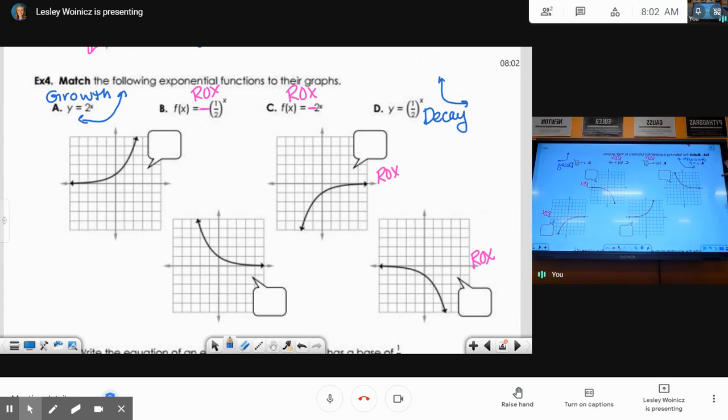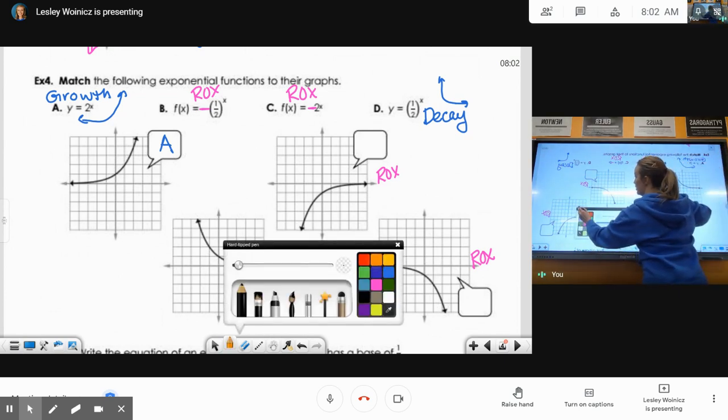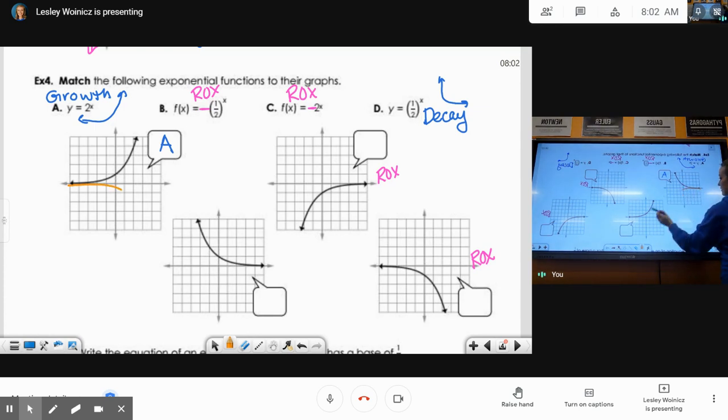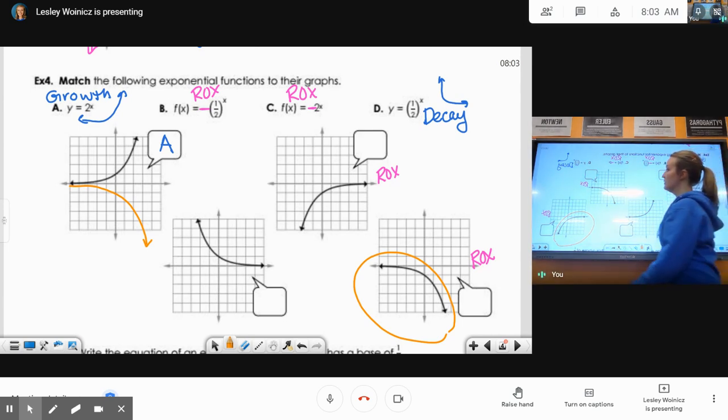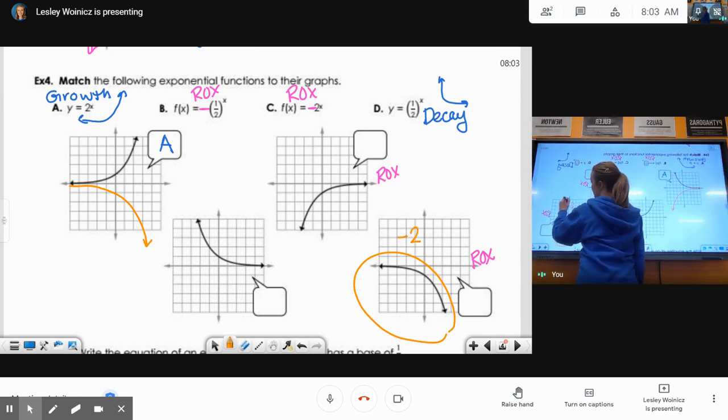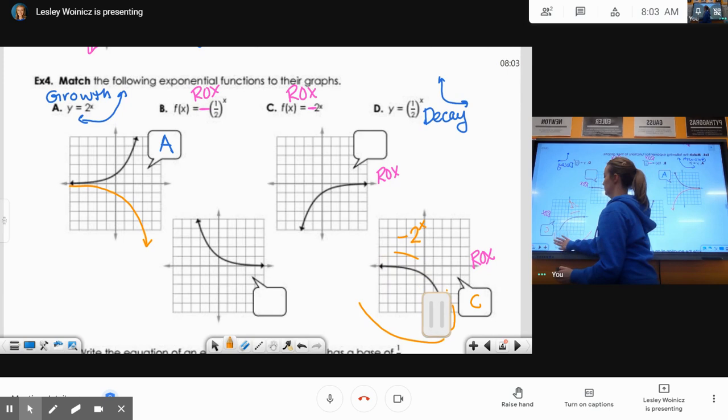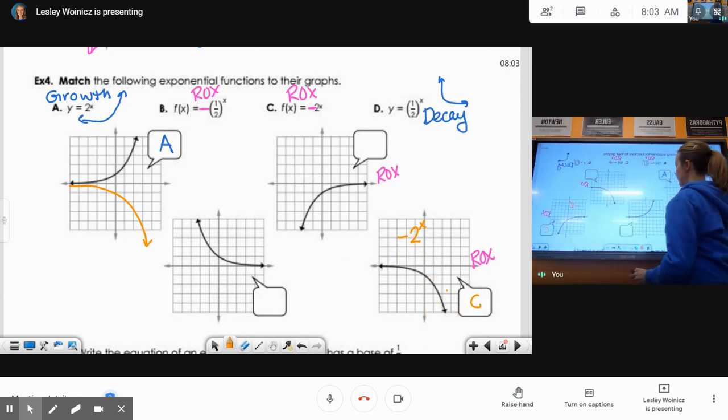So based on that, you can see that this first one right next to A is actually A. It's growing, right? It's not reflected, okay? And then if we were to reflect that in the x-axis, we would get this. And this looks exactly like that. It's the same. So I can tell that this one is going to be the opposite of 2 to the x, which would be C. Okay.